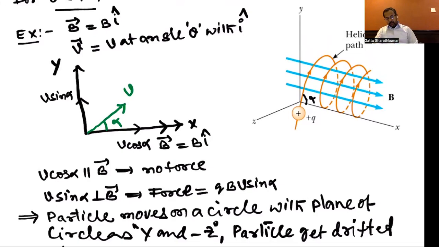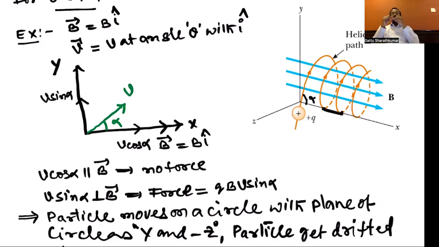Before we go to find that, there is some distance traveled by it. During the time it completes one circle, it will travel some distance along the x-axis. It will travel some distance before it completes one circular path. Suppose it started here and ended here, one circular path.